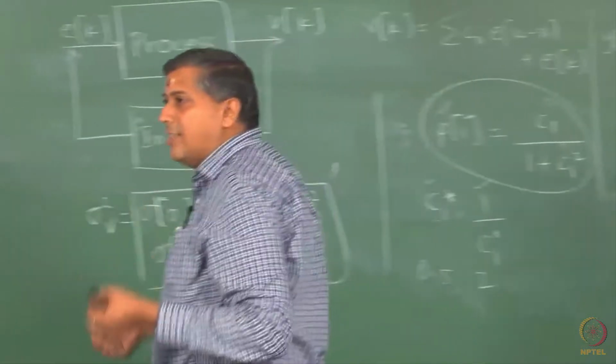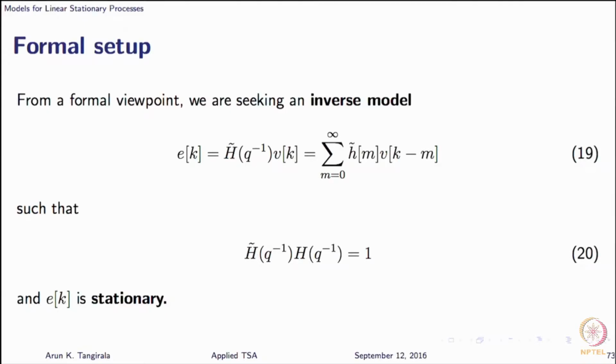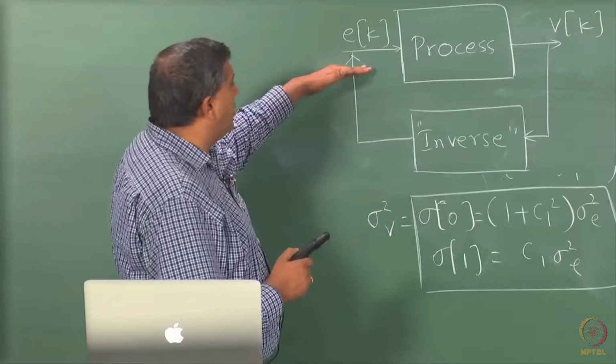Now, we want to extend this idea. Essentially what we are saying is, you will have multiple models when you estimate an MA model, but you will have to pick the one which is so called invertible. Invertible meaning that inverse which generates a stationary Ek.